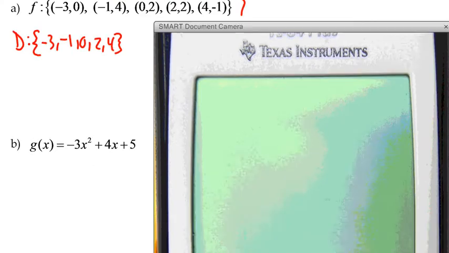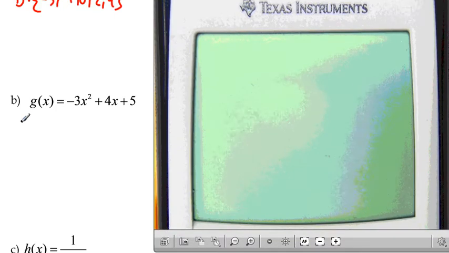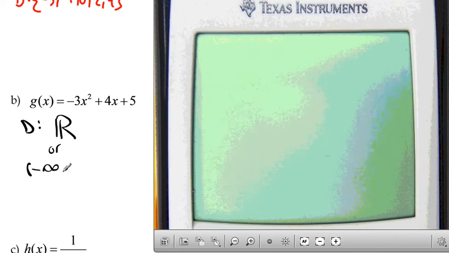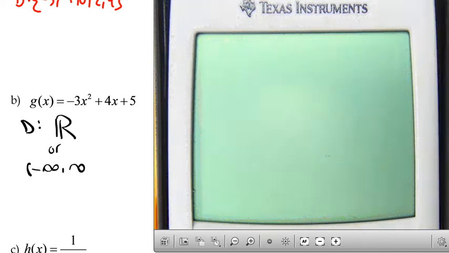So if every x value works, we say the domain is all real numbers. Okay, and this is the symbol for all real numbers. And all real numbers means it's the entire x-axis. There is no value that's excluded. Another way of writing this is you can say from negative infinity to positive infinity.